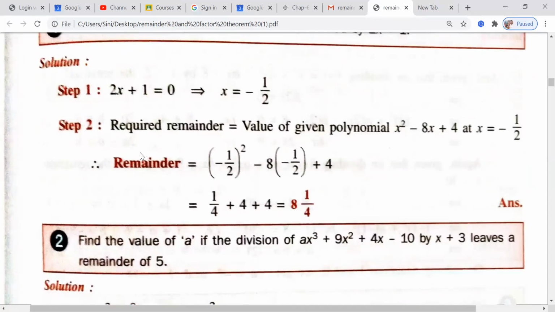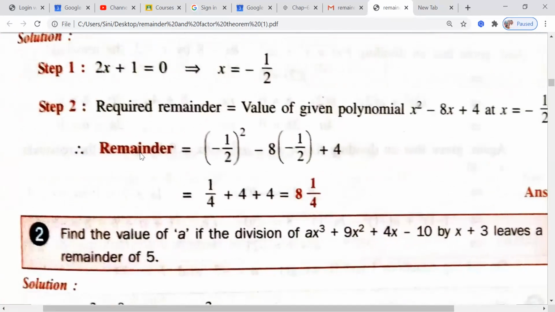Find the value of a. Some function is given here: f of x is a x cube plus 9x square plus 4x minus 10, divided by x plus 3, leaves a remainder of 5. What is my second step?